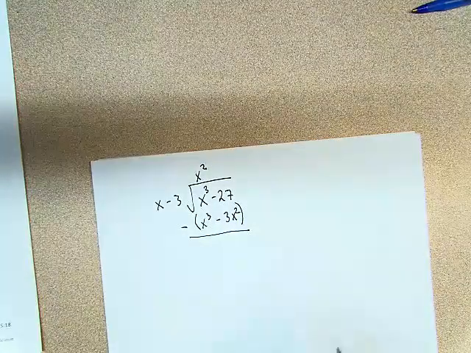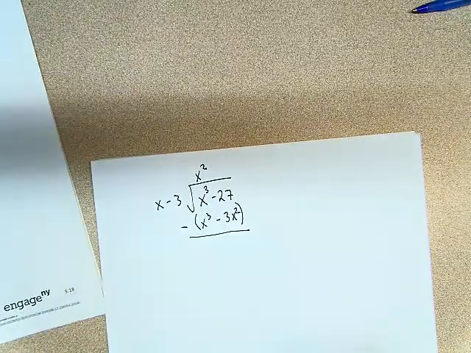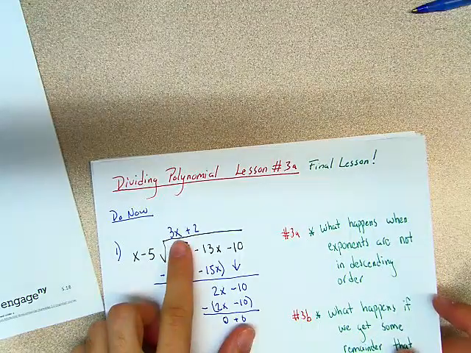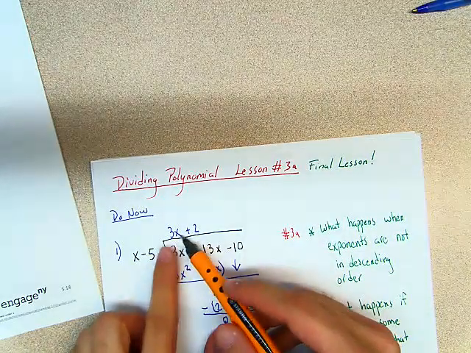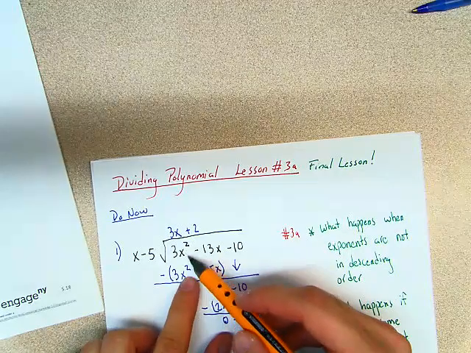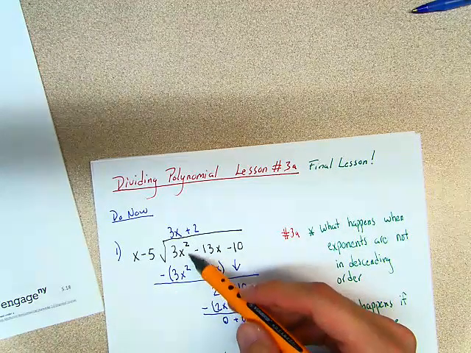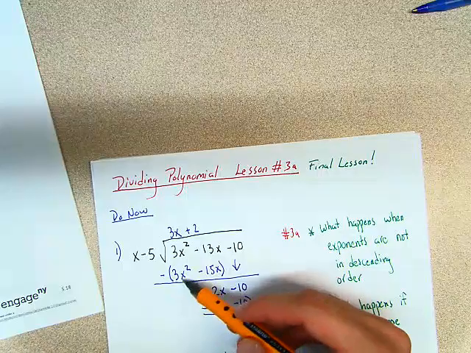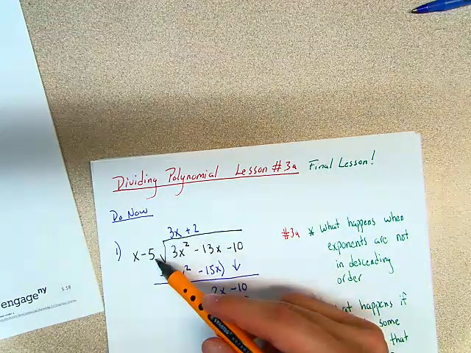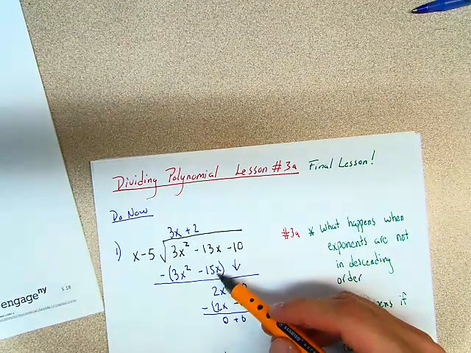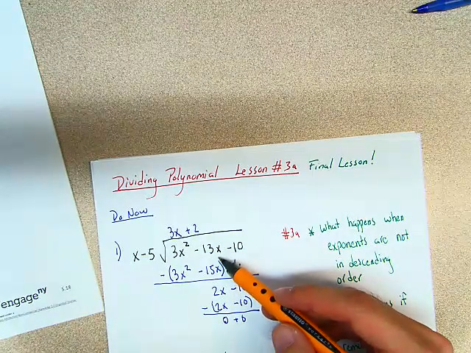You see, in the previous problems, when you multiplied 3x times x, you got 3x squared, and these two matched. They always matched. You were able to subtract these. When you did 3x times negative 5 to get negative 15x, look at the exponents. They match.